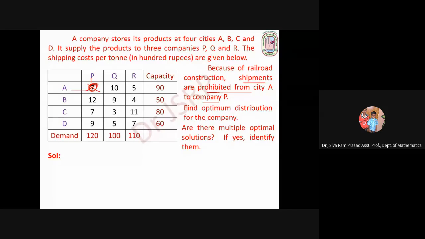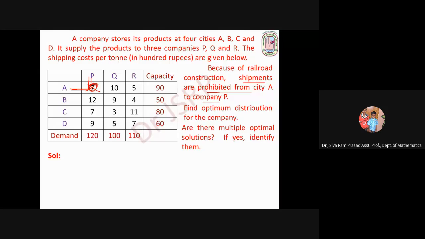Okay. So how do you consider this? You are not supposed to consider this transportation cost 7 units. So in this case, we take the transportation cost per 1 unit from A to P as a very large price, approximately infinity.